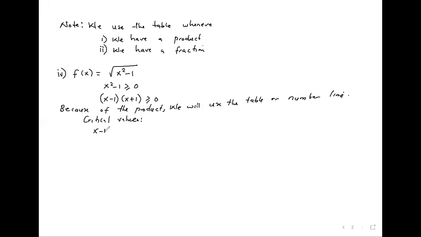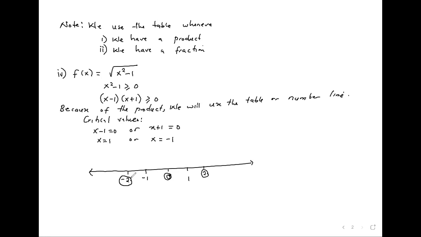So x minus 1 is equal to 0, or x plus 1 is equal to 0. So x is 1, or x is equal to -1. Then we use a number line. So you put -1 here, you put +1 there. Pick a number bigger than 1, say 2. A number in between, say 0. A number less than -1, say -2.